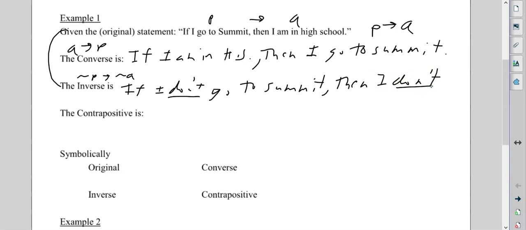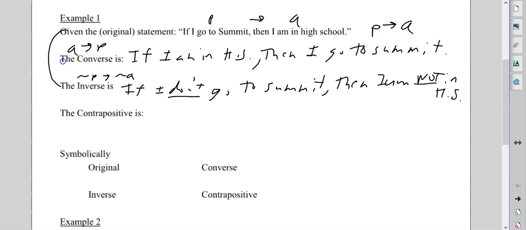I'm not in high school. Okay. So we just take the original statement, if I go to Summit, then I'm in high school, and negate them both. If I don't go to Summit, I'm not in high school.